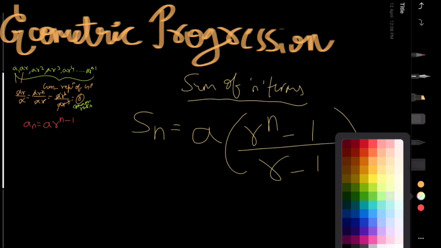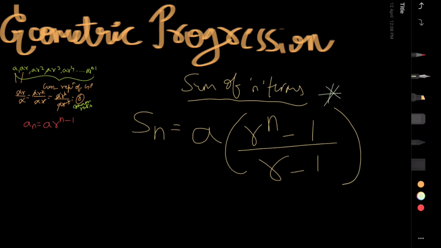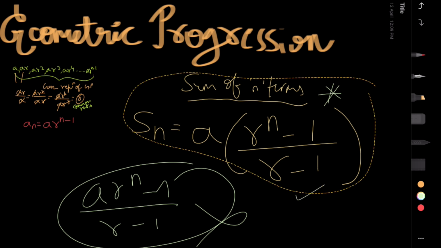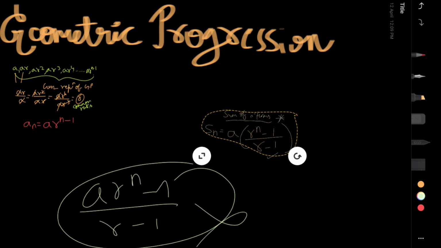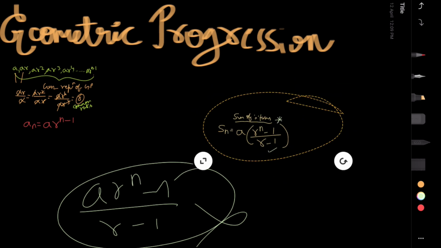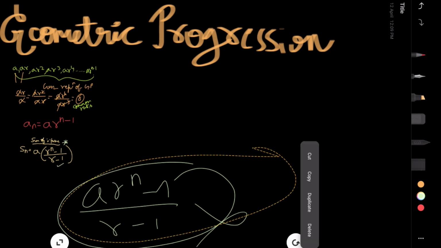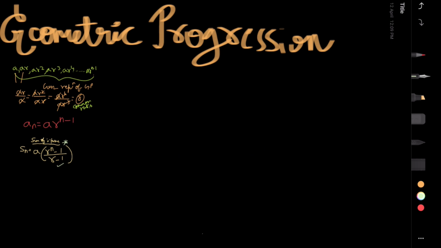It is not AR to the power of n minus 1 by R minus 1; some people write it like that, but this is completely false. This is the right thing. This is the sum of n terms of a GP.